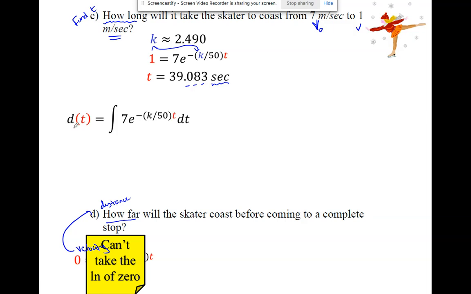The distance in terms of time is the antiderivative of velocity, right?